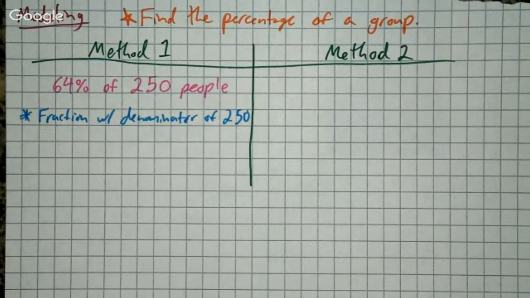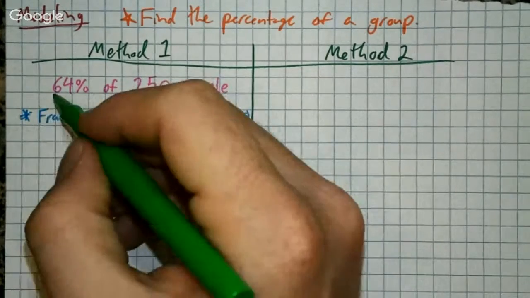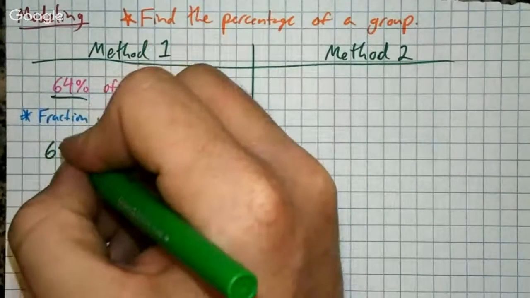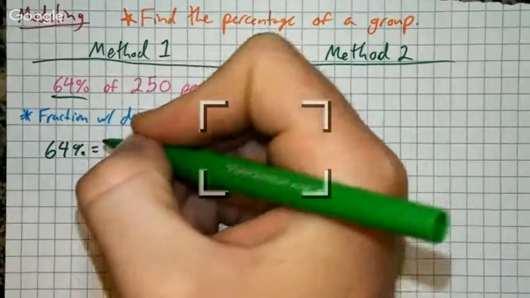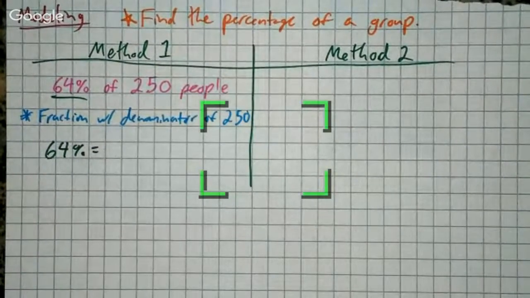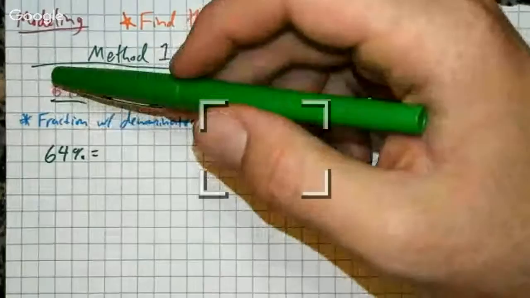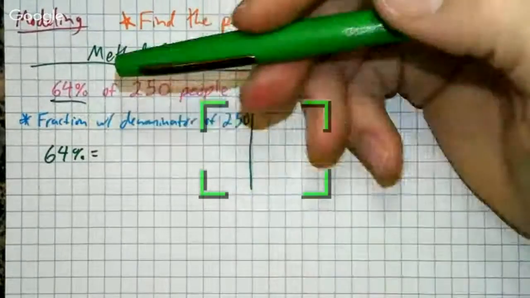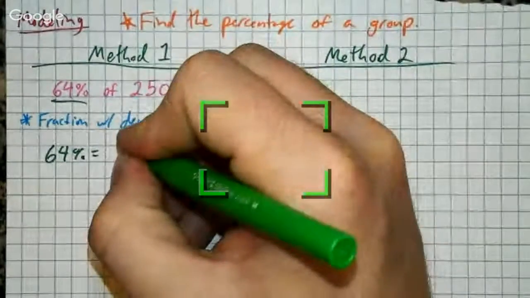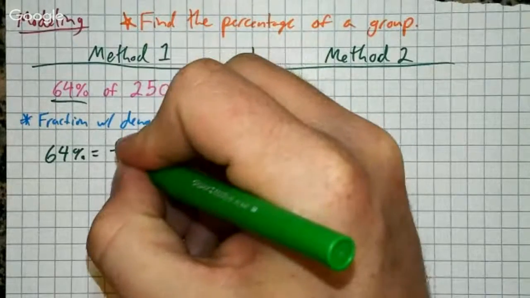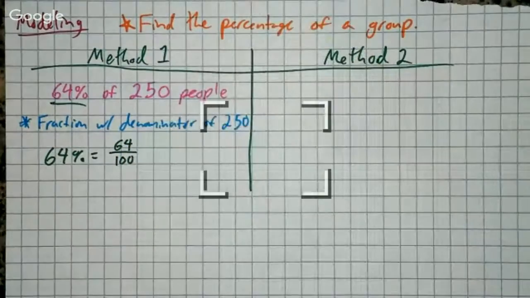The way we start off with this is we start off with our percent, 64%. What does 64% equal? Well, using our Greek and Latin roots, we know that cent would mean 100. So 64% would mean 64 per 100. So it's actually going to be 64 over 100.